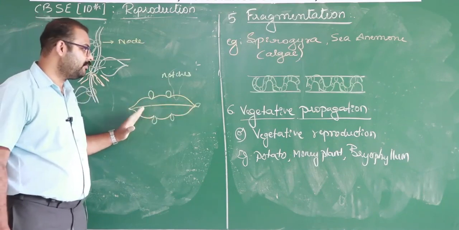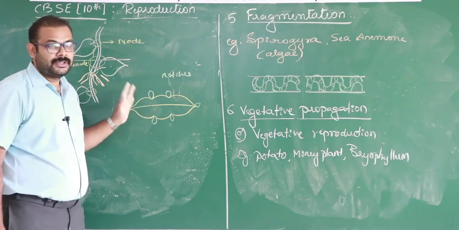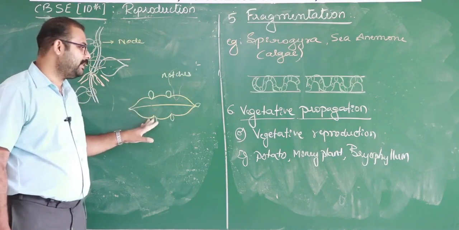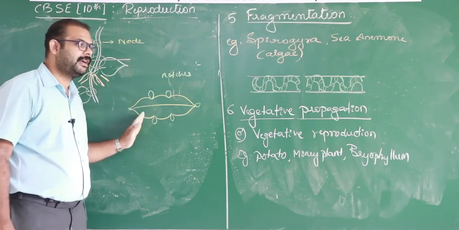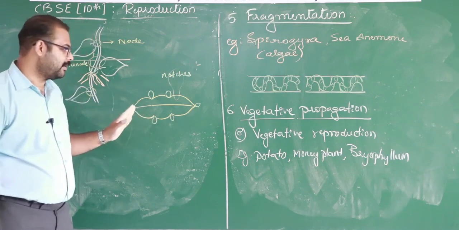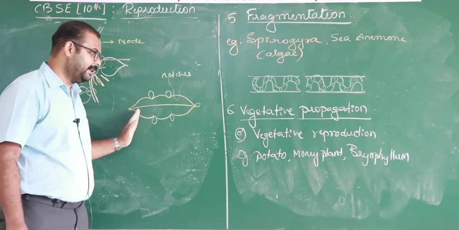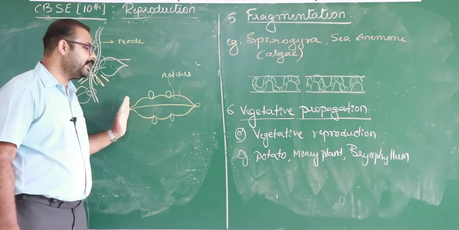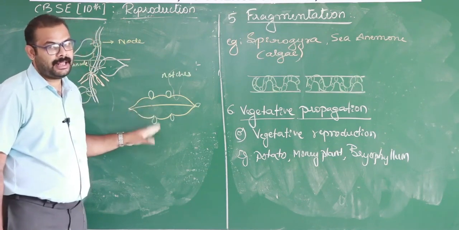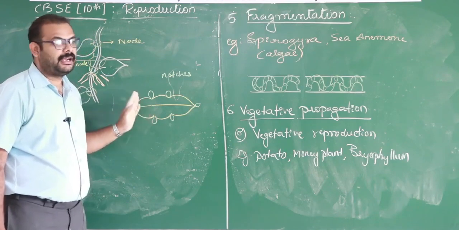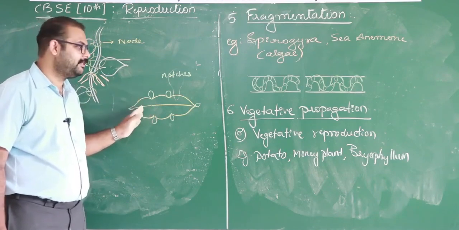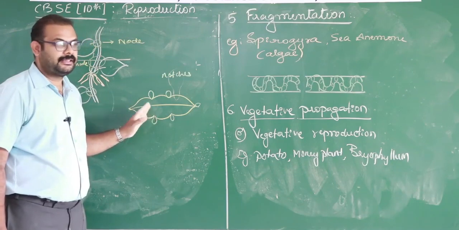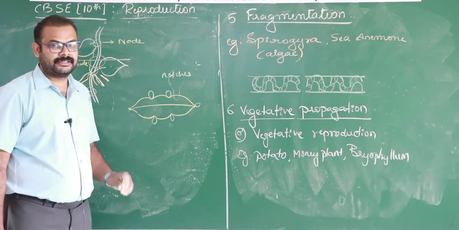This is what we call vegetative propagation. Similarly, human beings have also adopted a technique to grow a new organism without involving reproductive cells, and this technique is called artificial propagation, and that we will study in the next class. Thank you.